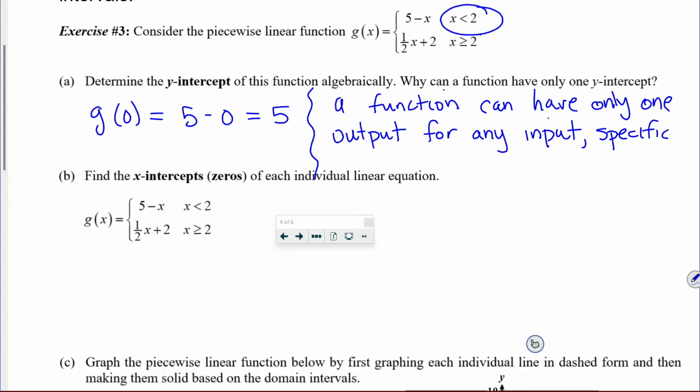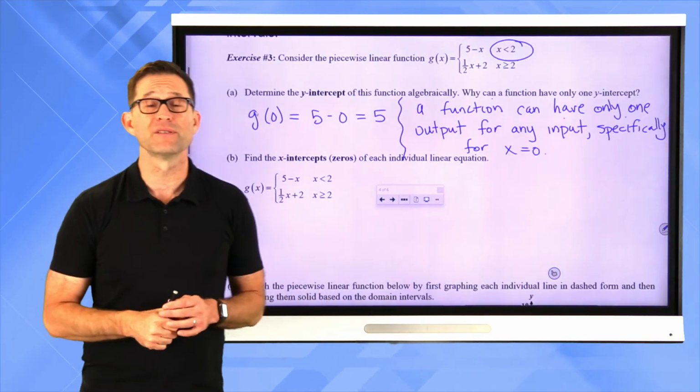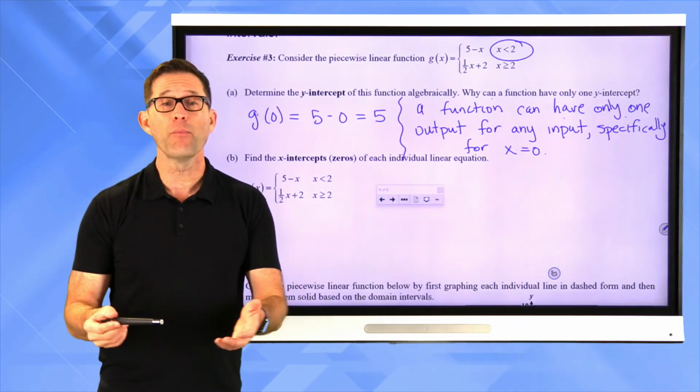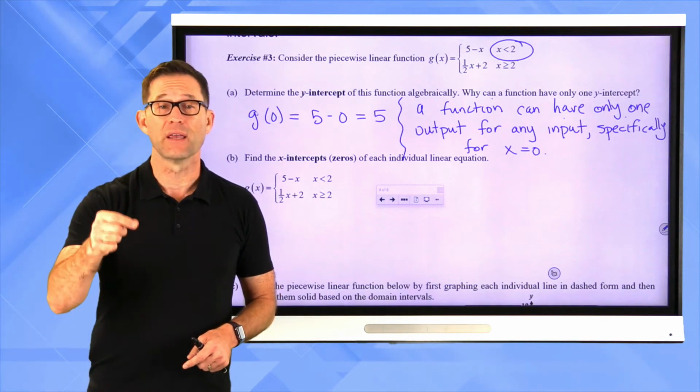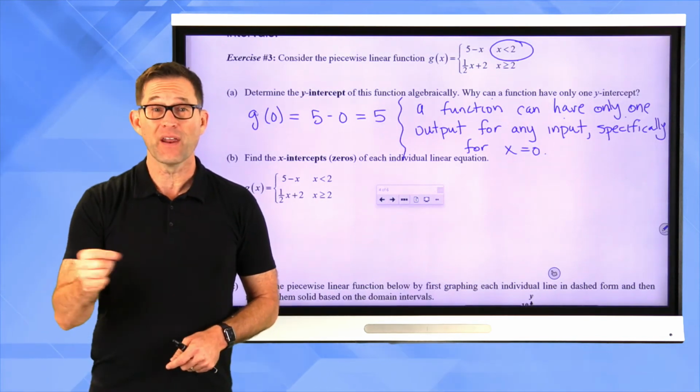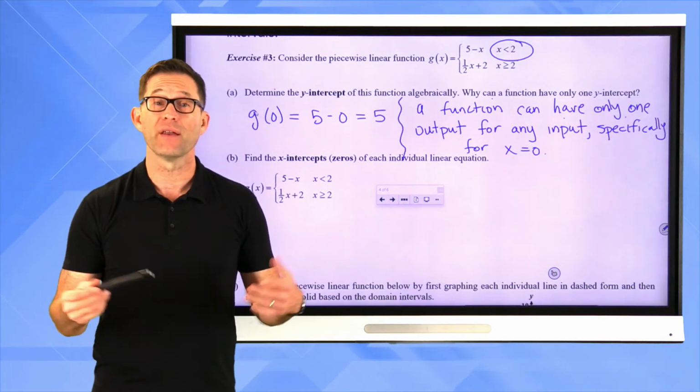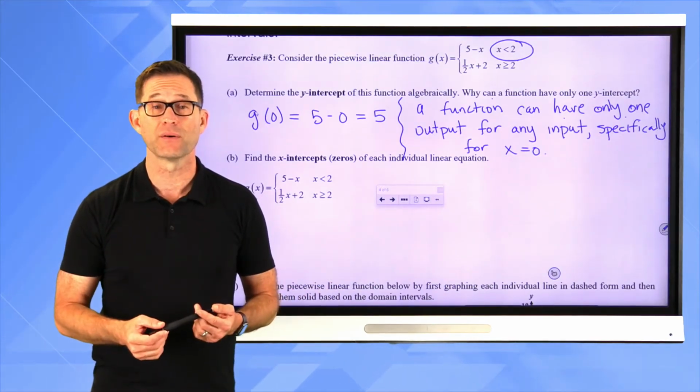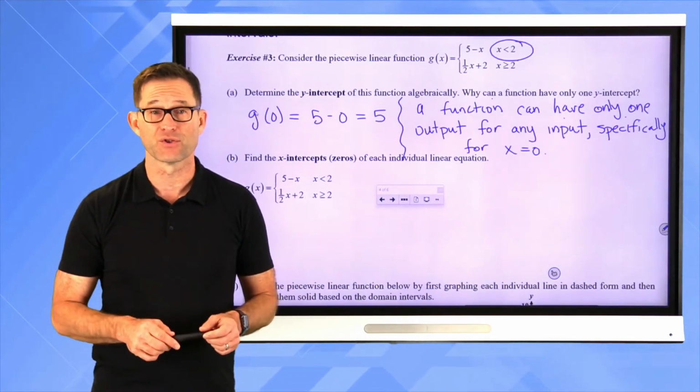Specifically, for x equals 0. All right, so, the plain fact is the y-intercept is defined algebraically as being the output of a function when x is equal to 0. If it had two y-intercepts, that would mean it had two outputs for when x was equal to 0, and therefore would not be a function.